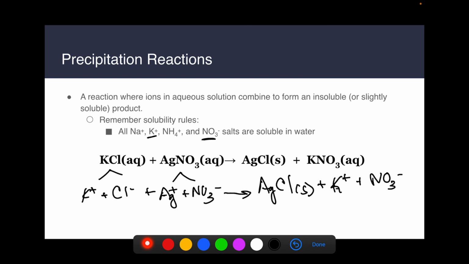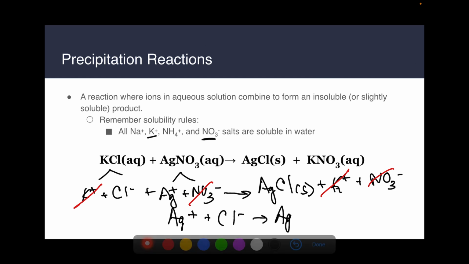Again, K plus and NO3 minus always dissociate. Then recall we can take this complete ionic equation and turn it into a net ionic equation by canceling out our spectator ions. What we're left with then is the net ionic equation for this precipitation reaction, showing just the formation of the precipitate from its constituent ions.